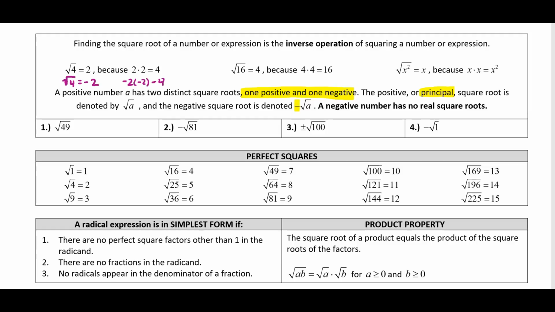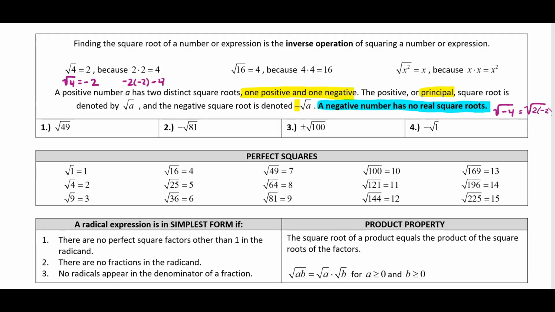Okay. Now the most important thing to realize is that a negative number has no real square roots. And this is because there's no way to have the same number times itself equal the number. So for example, the square root of negative 4, if I was to break this up into its factors, this would be 2 times negative 2.